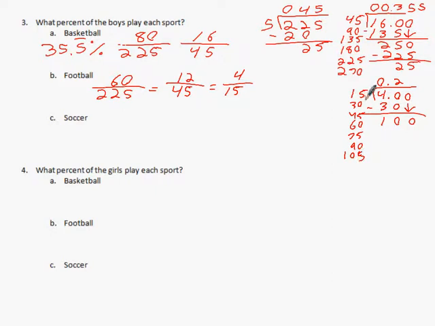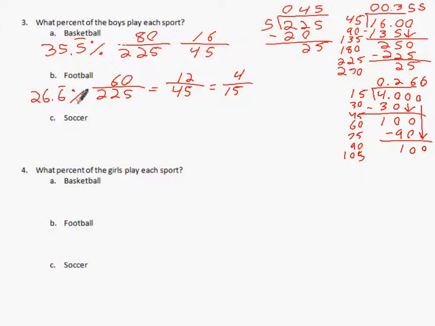So we got 1, 2, 3, 4, 5, 6, which is 90. I get 10, bring down a 0, just another of that. So it looks like it's going to be a repeating 6. So 26.6 repeating percent play football.